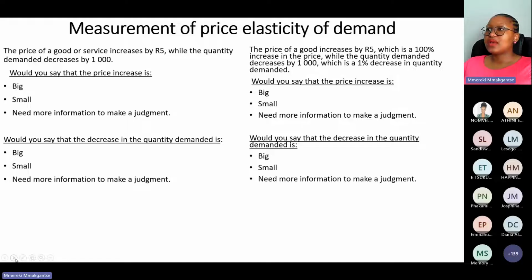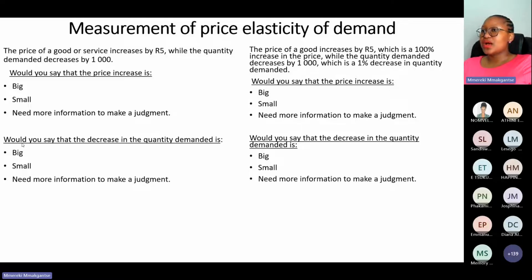So how then do we measure the price elasticity of demand? If the price of a good or service were to increase by 5 rand, while the quantity demanded decreased by 5, would you say the price increase was big, small, or you need more information to make a judgment?